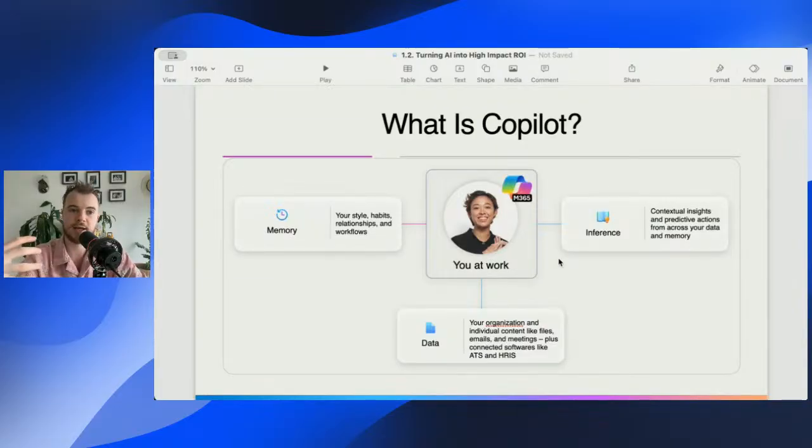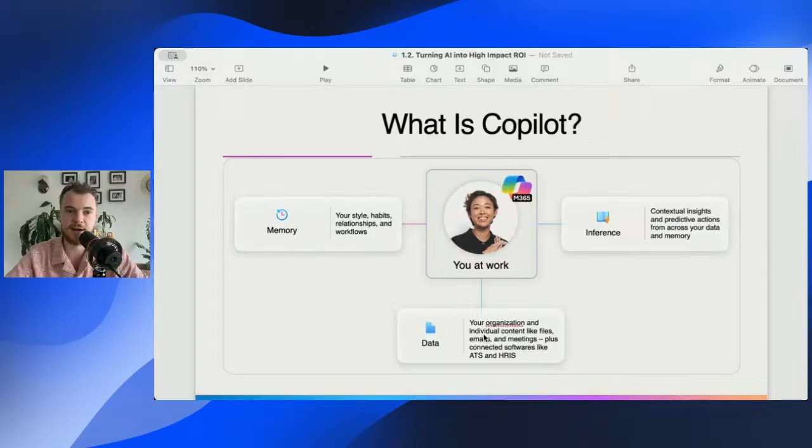Copilot can connect to your organization's data, and that is across what they call Microsoft Graph. So the Microsoft 365 suite of services, from the Word documents, the Excels, the SharePoint, into the inbox of Outlook. It's able to reach in and understand that, and in doing so, understand your own style, habits, relationships, and workflows.